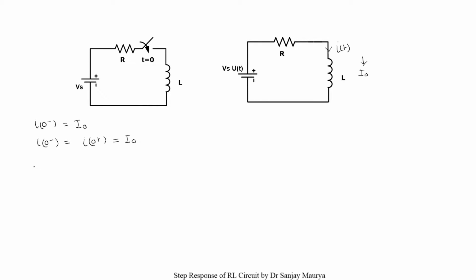So to determine the response i(t), rather than applying Kirchhoff's law to find this i(t), I am going to take up the simplified approach which we have discussed in video number 3. So this current i(t) will be the sum of the natural response and forced response.